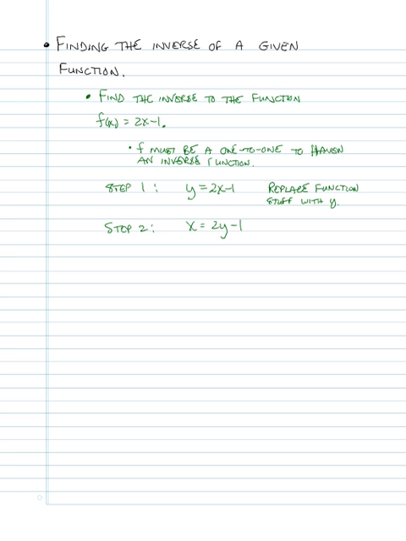So in step 2, we replace each x with y and each y with x. And we actually have the inverse function now, but that's not the way we write functions.